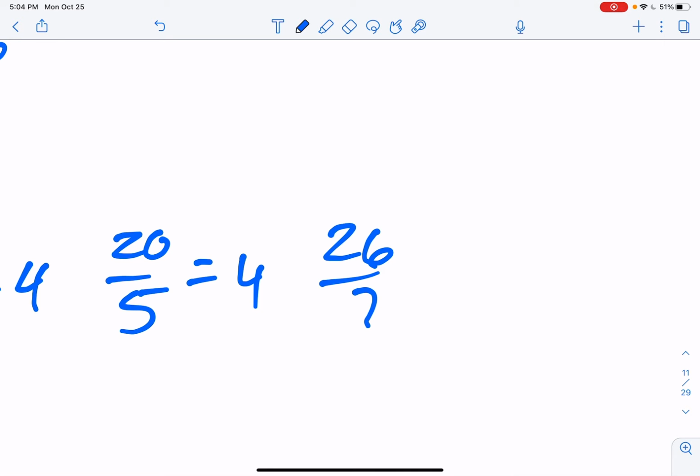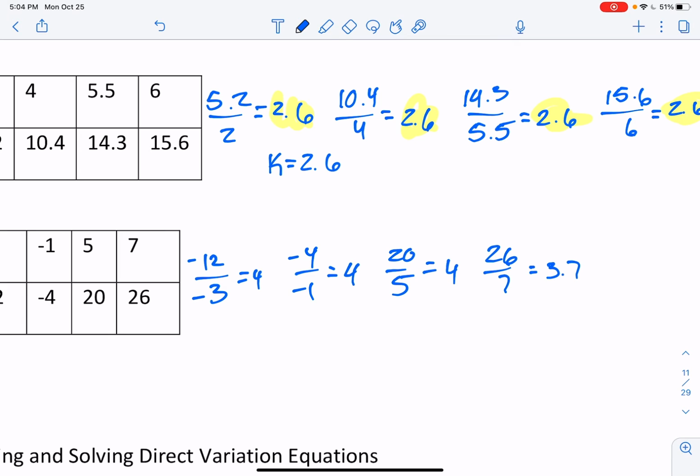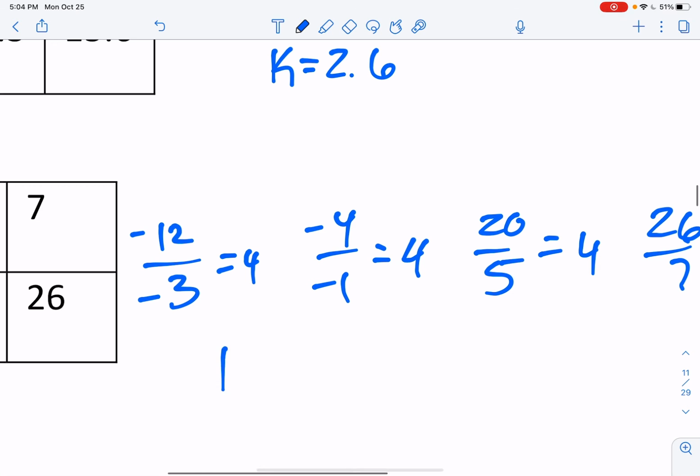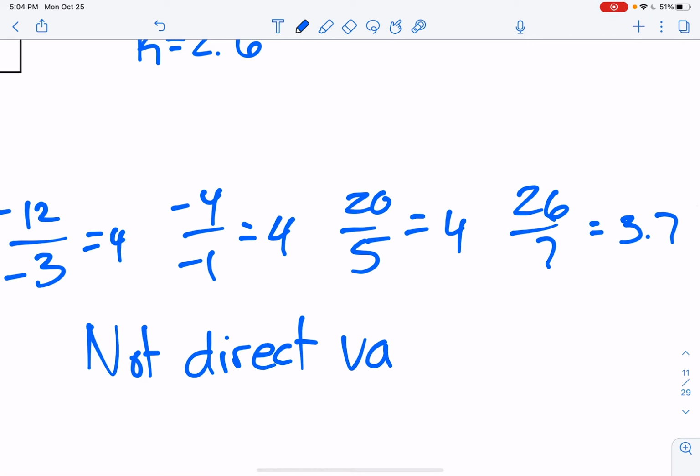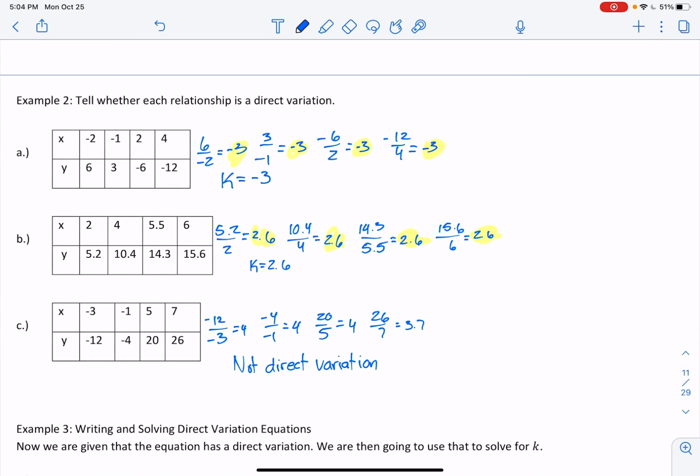Oops, no, 26, no. I was going to say, yeah, that equals 3.7, I mean. So these are good, but this one makes it not direct variation. So you'd say not direct variation because there is no constant variation.